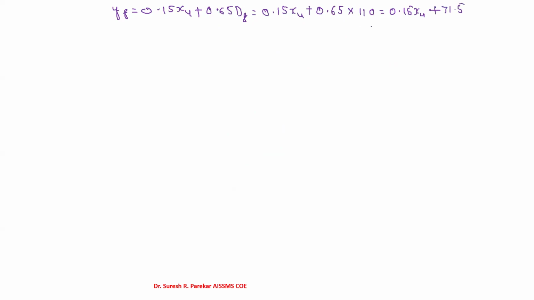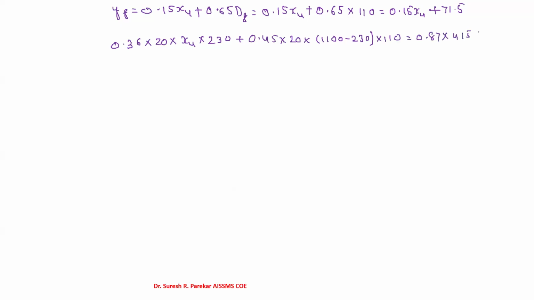And now I will directly write formula. We have 0.36 fck Xu bw is 230 plus 0.45 fck, Bf is 1100 minus 230 into 110, which is equal to 0.87.